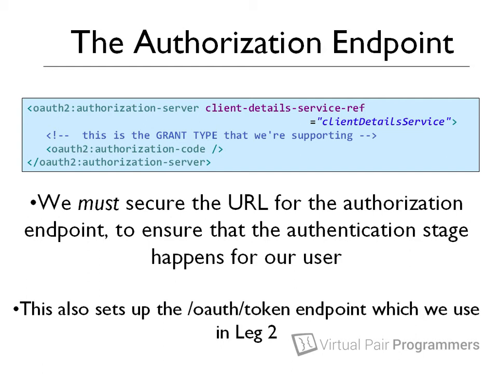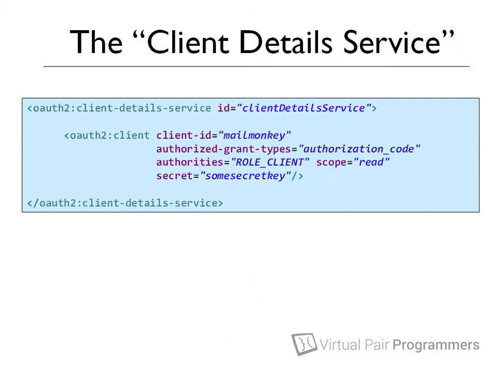This block of XML will also set up the token endpoint. That's what we use in leg 2, so we won't worry about that right now, but we will come back to it. Okay, well, the one thing we're missing in our configuration is this client details service that we're referring to. What's that all about?